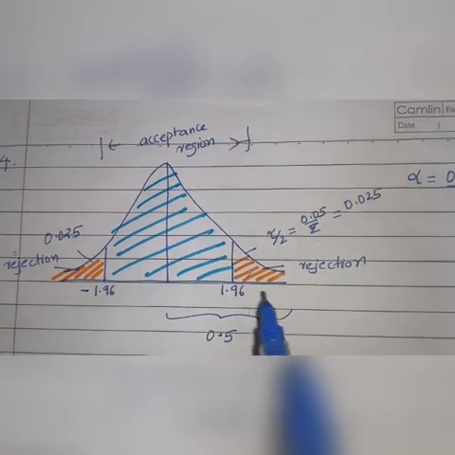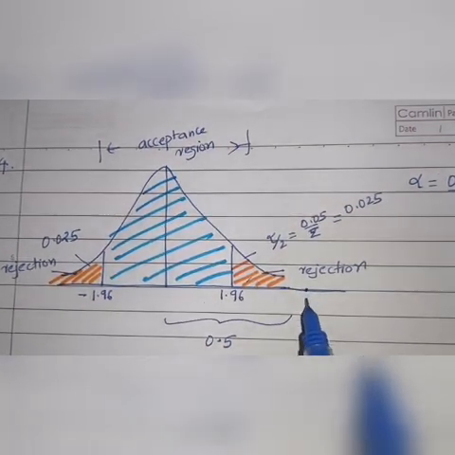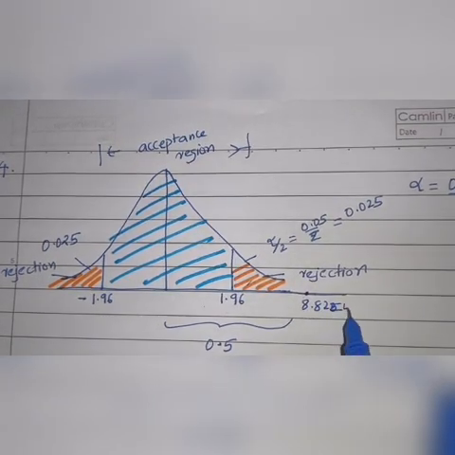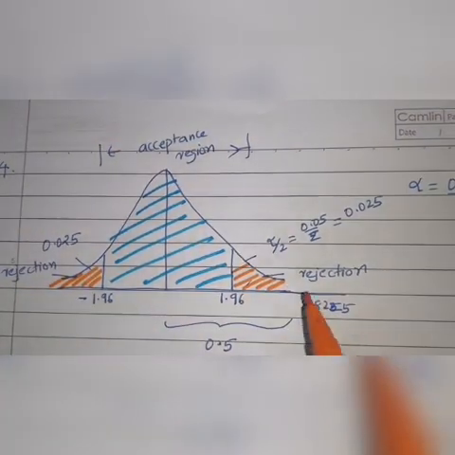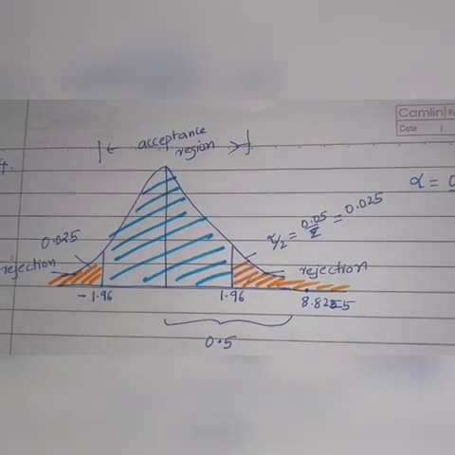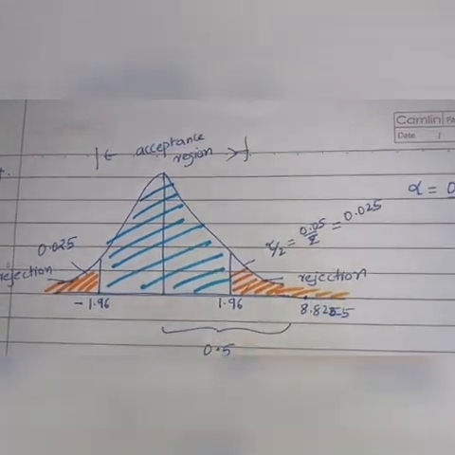So here it falls somewhere here. This is 8.8225. Everything here from here to infinity is the rejection region, right? So it will fall in the rejection region here, hence we reject the null hypothesis.